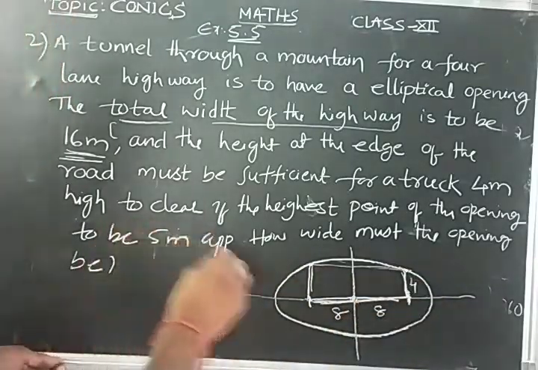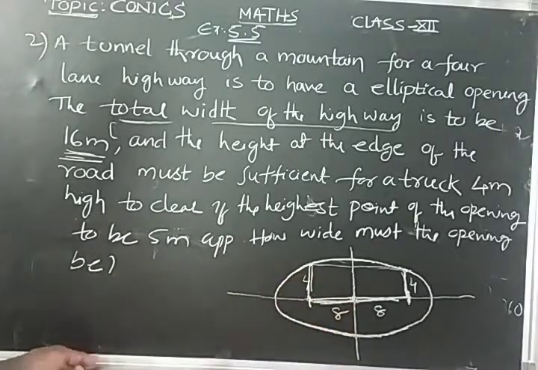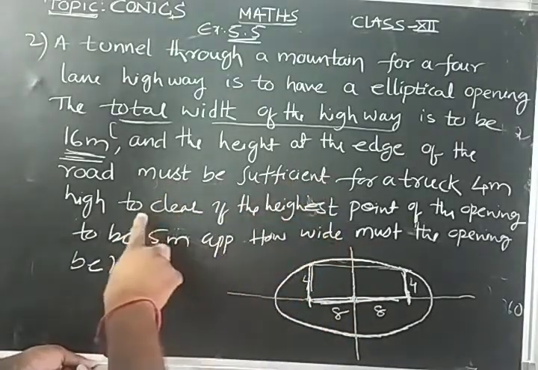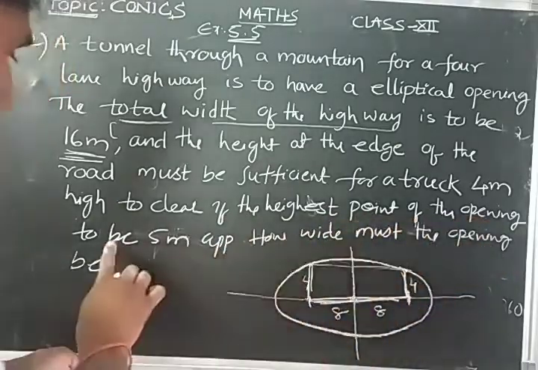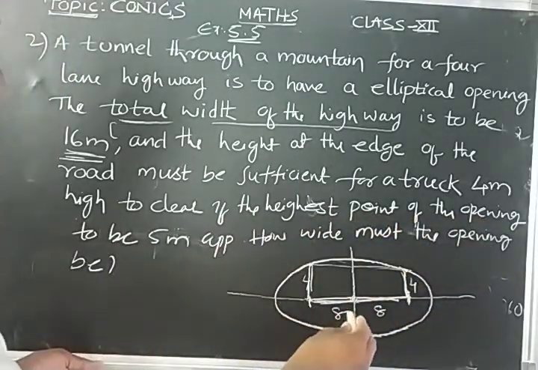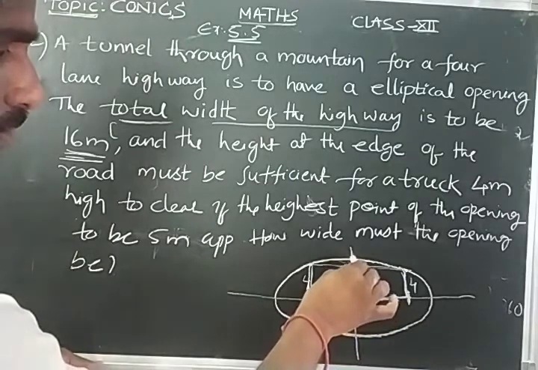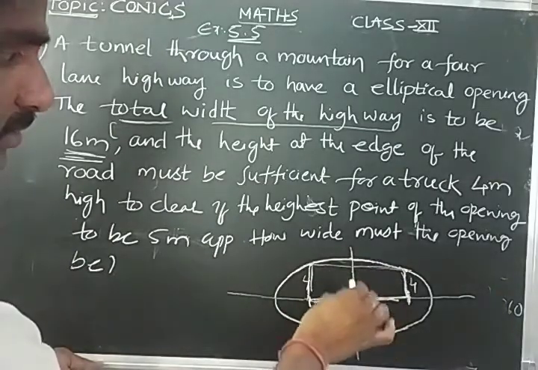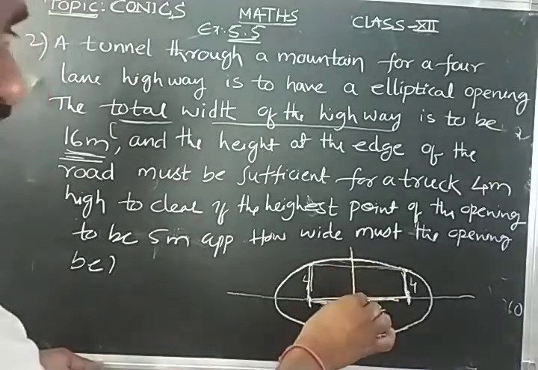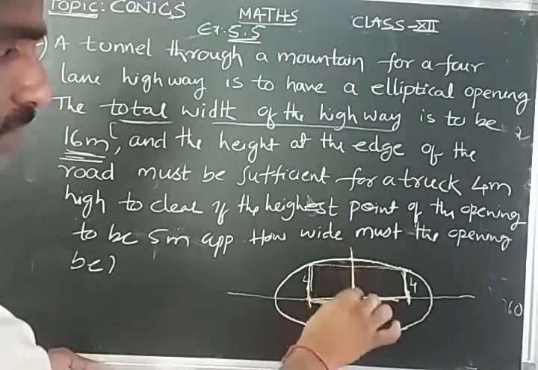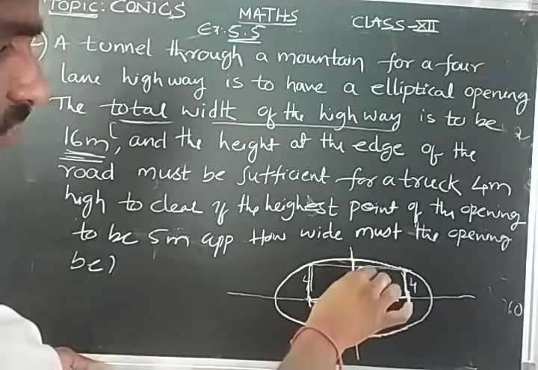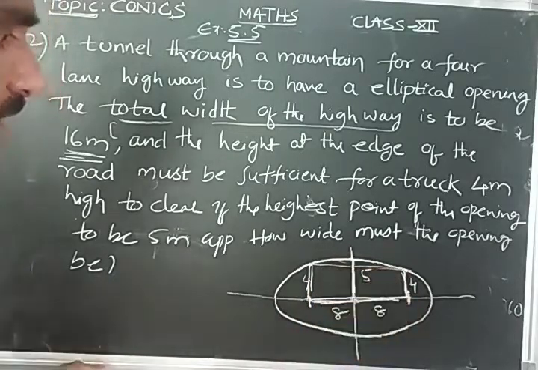And to clear, the highest point of the opening is to be 5 meters approximately. The highest point of the ellipse occurs at the center, where you will get the maximum height. This maximum height of the tunnel is given, so this is 5 meters.